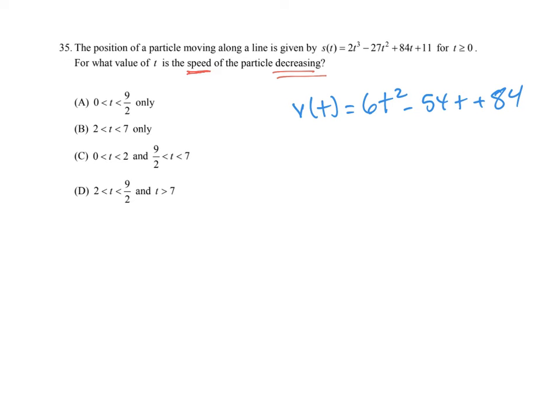So that's the velocity. Now, if you were to graph this, it's going to go above and below the x-axis. But we're interested in where the speed is decreasing, not the velocity. So I'm going to show you a picture of the velocity graph for t is greater than 0. And it looks like the farthest I need to go is 7 on my x-axis.